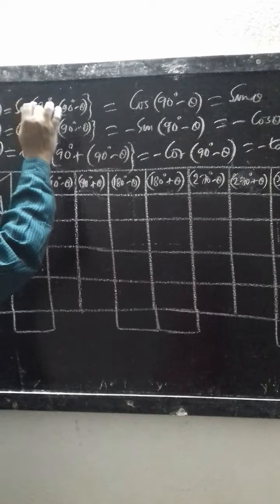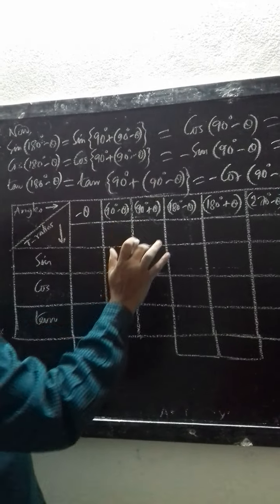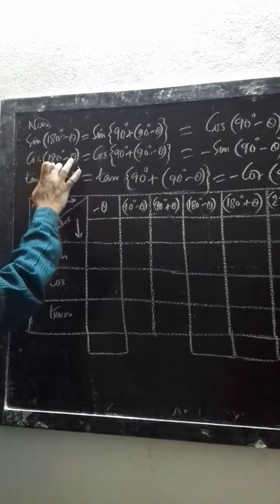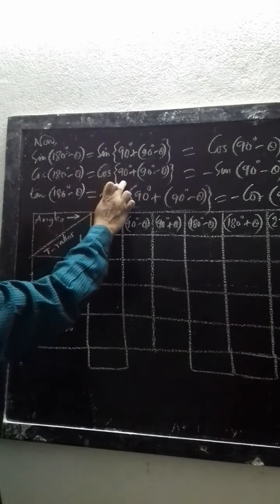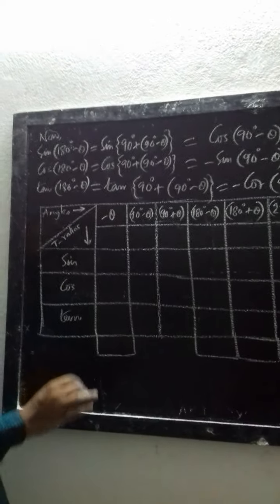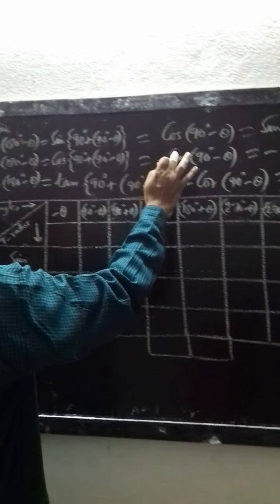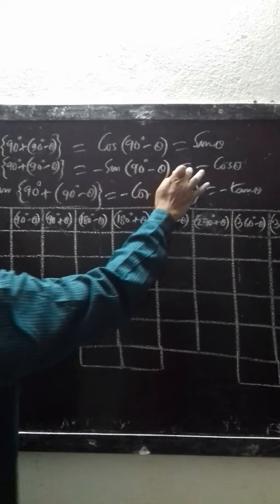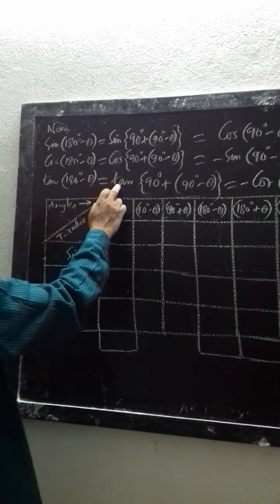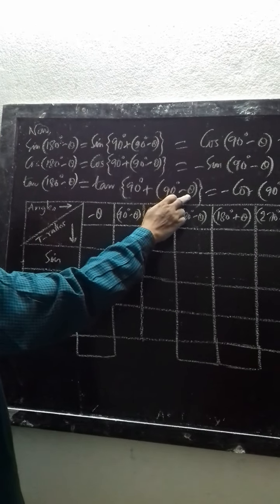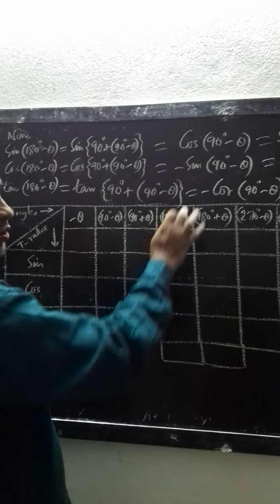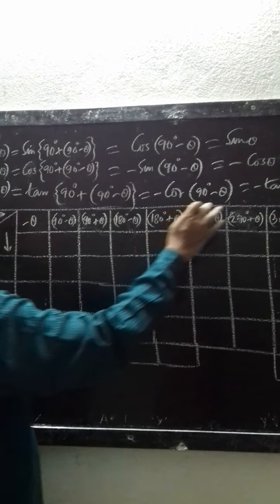Similarly, cos 180 degree minus theta equal to cos of 90 degree plus 90 degree minus theta. Since cos 90 degree plus theta equal to minus sin theta, so minus sin 90 degree minus theta equal to minus cos theta.